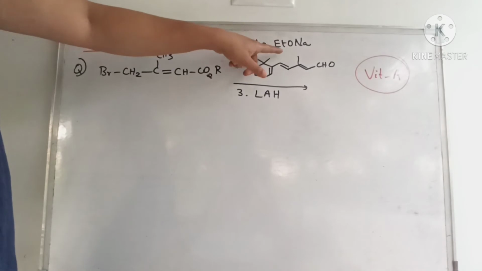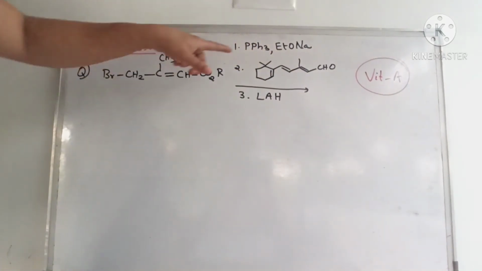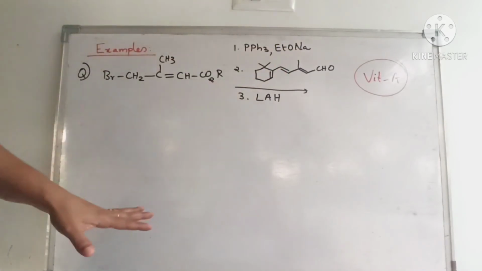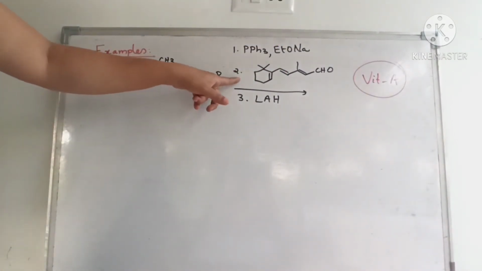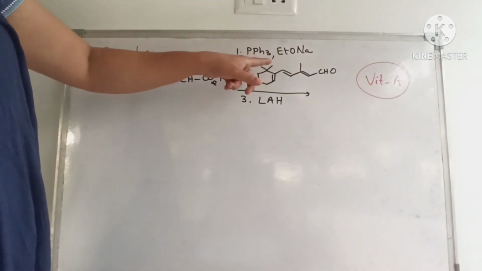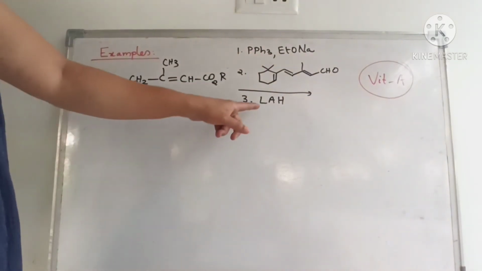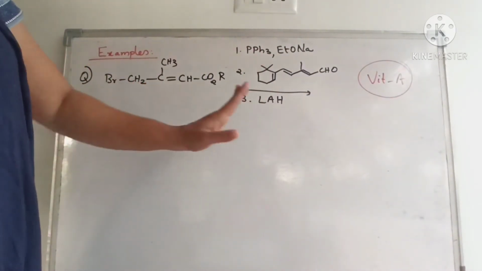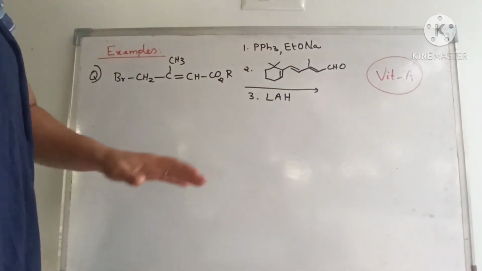So obviously that means this triphenylphosphine, alkyl bromide and base will be generating a phosphorus ylide. Then in the second case, you see this is a carbonyl compound. So that phosphorus ylide will be reacting with this carbonyl compound, generating an alkene. And the third one, LAH reduction. So after the second stage, we will see where that reduction will be happening.